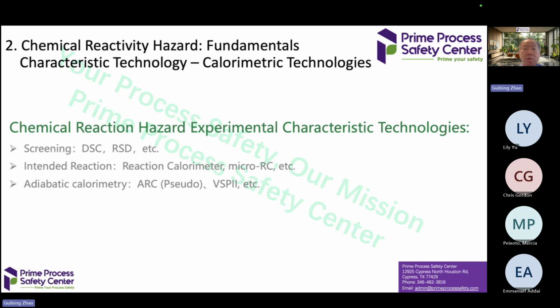Also, what is the onset temperature of the runaway exothermic reaction? And if a runaway reaction happens, how bad could it be? For example, how will pressure increase with time? Will this pressure be caused by vapor pressure or gas generation? These are very different overpressure sources.